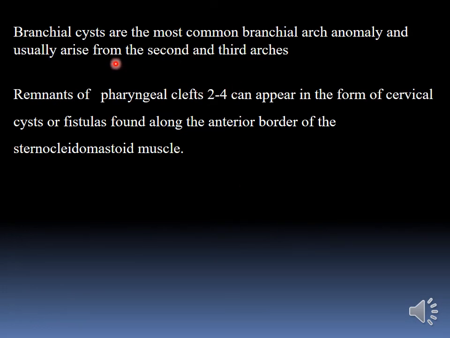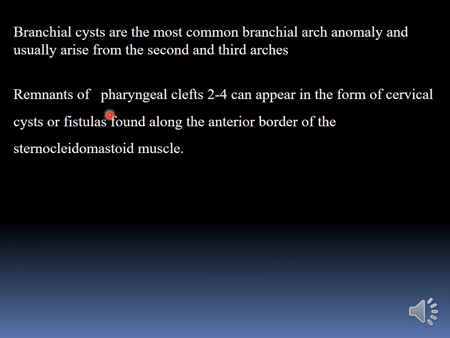Now, some anomalies appear during development of these branchial arches, such as the branchial cyst, considered the most common anomaly. These cysts are the most common branchial arch anomalies and arise from the second and third arches.